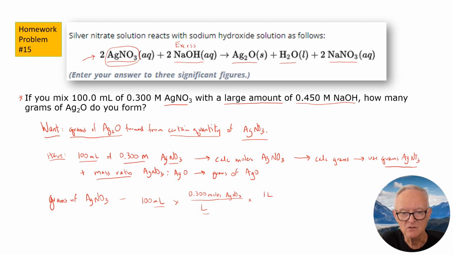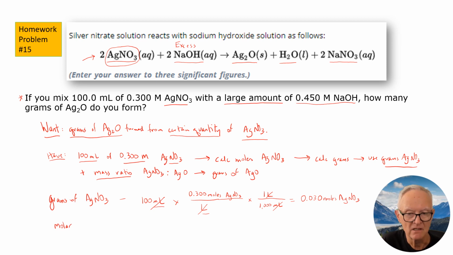We can do that because we know 1 liter is 1,000 milliliters. Now we can cancel milliliters in the first term with the denominator in the last term, and liters cancel, and that gives us moles of silver nitrate. If we do the math, we end up with 0.030 moles of silver nitrate.